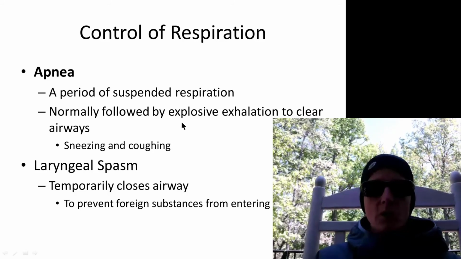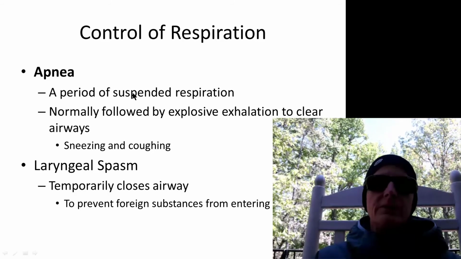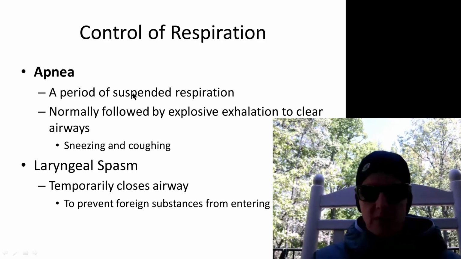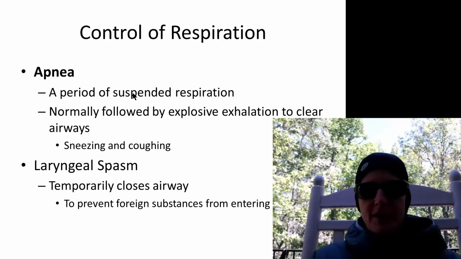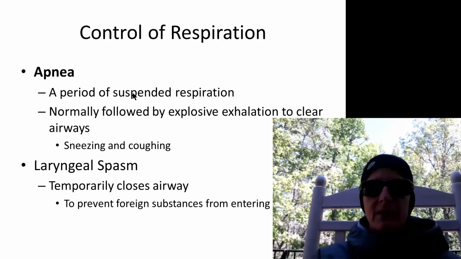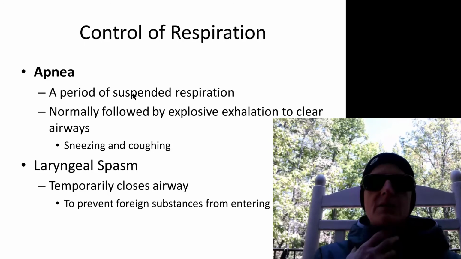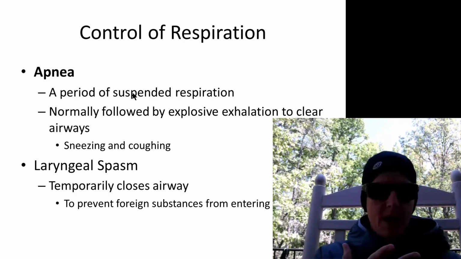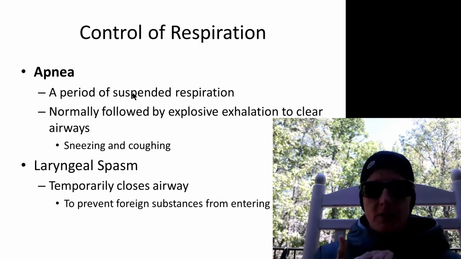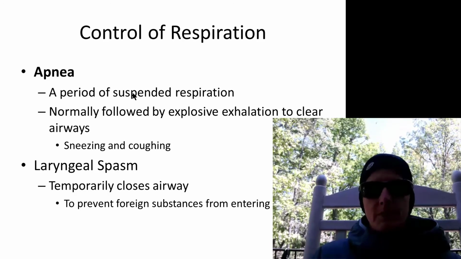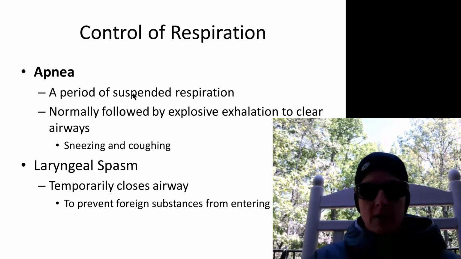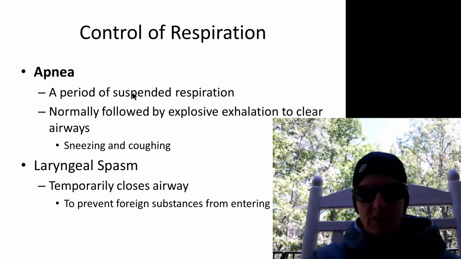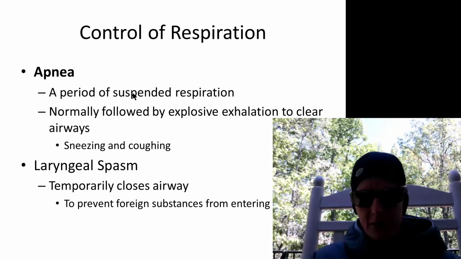So basically, we use apnea when we have these reflexes to clear our passageways. So for example, let's say a bee flies in there or something, heaven forbid. Let's just say you get some pollen or something in there. Then that's going to stimulate these receptors in the larynx and in these passageways. And so what's going to happen is your glottis is going to close and you're going to build up sufficient pressure in here during a period of apnea when you're not breathing, so that then you can cough or sneeze, and you can sneeze almost 100 miles per hour.